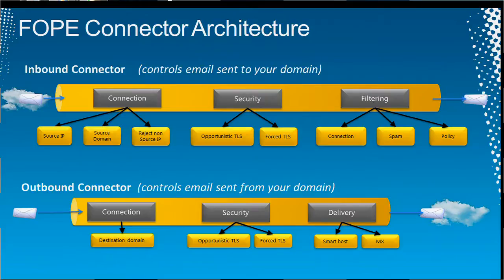Outbound connector is something similar, where you specify the outbound connector domain, which domain you want to apply this to, the security, forced TLS or TLS, and delivery, whether it should be a smart host or an MX record you want to deliver to. One second.